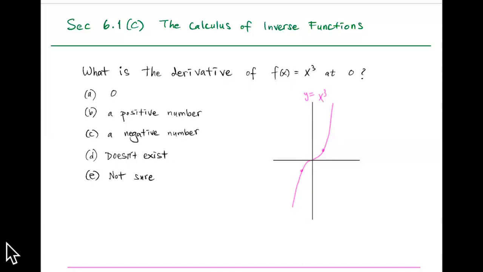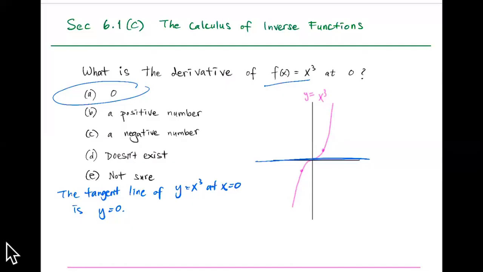We voted on this question. What is the derivative of the function x cubed at x equals 0? The answer is 0. One explanation is to look at the tangent line. So the tangent line is this horizontal line, y equals 0.